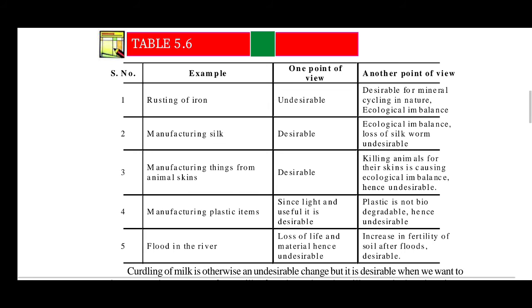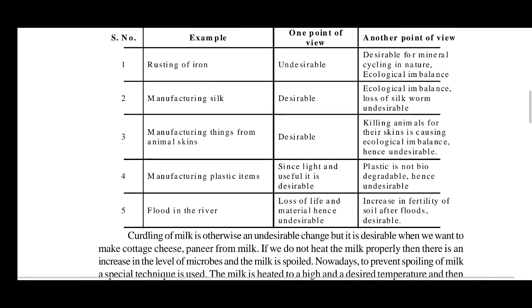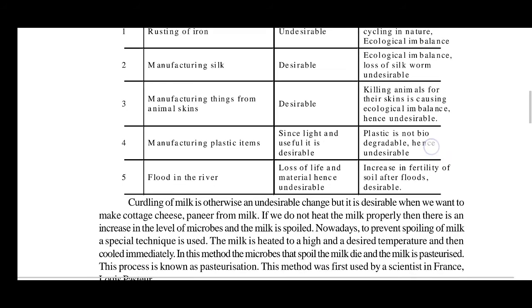So we see it in a positive way from one point of view and as undesirable from another. Manufacturing silk is desirable, but it causes ecological imbalance and loss of silkworms, which is undesirable. Manufacturing things from animal skins is desirable for human needs, but killing animals for their skin causes ecological imbalance, hence it is undesirable.